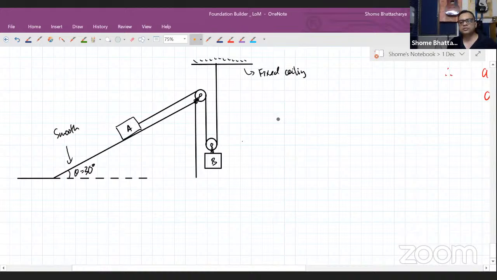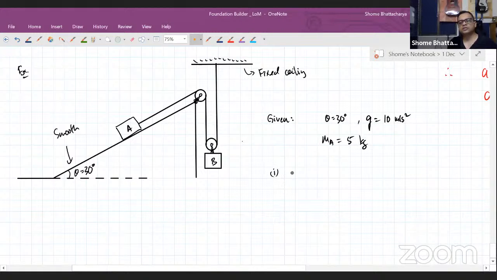So this time in this example, given that theta is equal to 30 degrees, acceleration due to gravity is 10 meters per second square. Mass of the block A is suppose 5 kilograms. Okay.